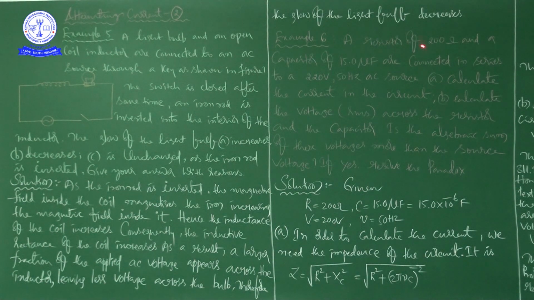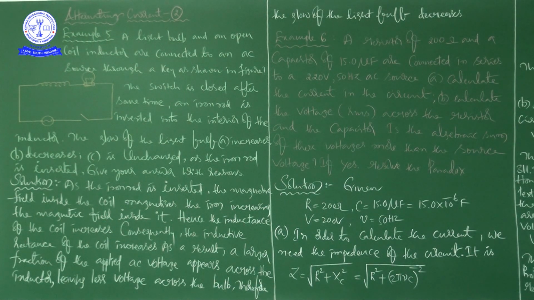So what is the reason for the decrease in the light bulb glow? The glowing of the light bulb decreases. Why is it going to decrease? The reason is a larger fraction of the applied AC voltage appears across the inductor, leaving less voltage across the bulb. For this situation, what is the reason? You have to go back. See here.